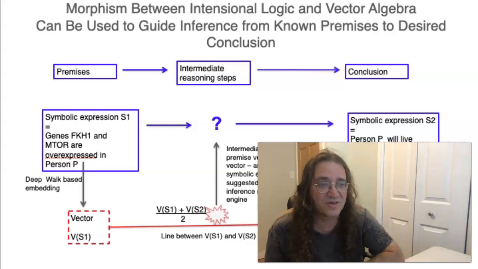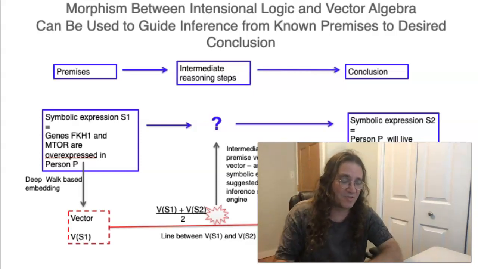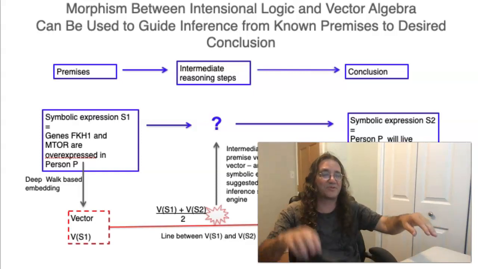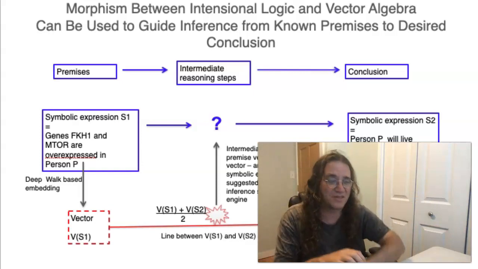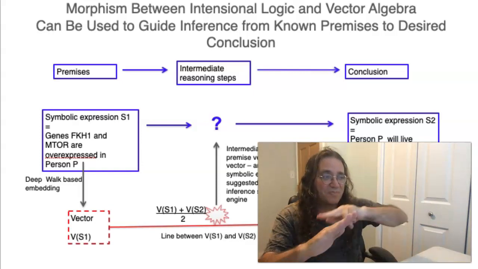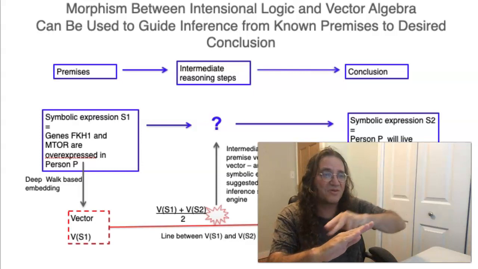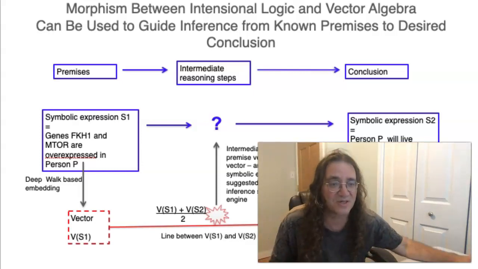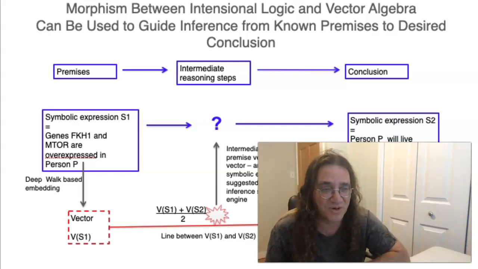So one thing you can do is a vector embedding of the premises, a vector embedding of the conclusions, and draw the arrow between the embedding of the premises and the embedding of the conclusions. Then the nodes along the arrow, you can try as intermediate steps in logical reasoning to get from the premises to the conclusions. This is quite interesting, and it's what we're currently working on.